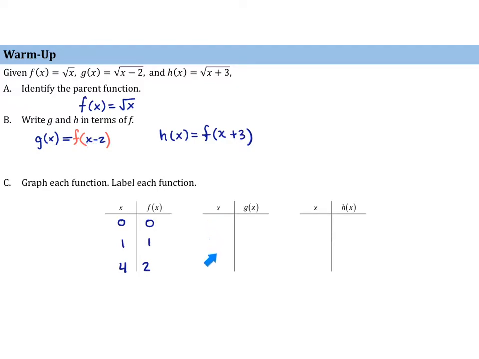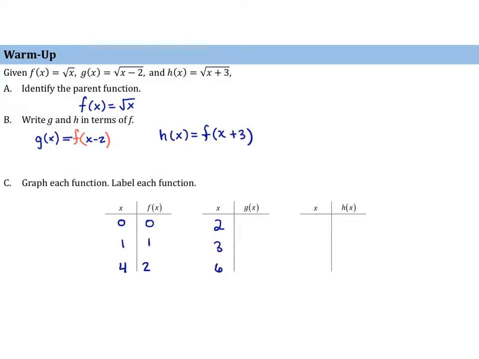So I need to adjust the inputs here so that we end up with similar values. If the first thing that I'm doing is subtracting 2 from my input, I need to start with a larger value. So let's look at 2, 3, and 6.